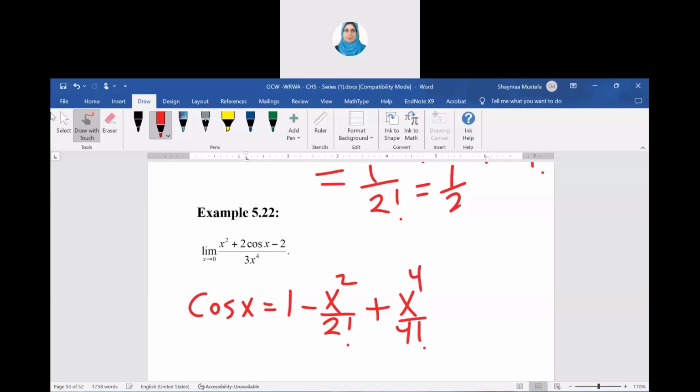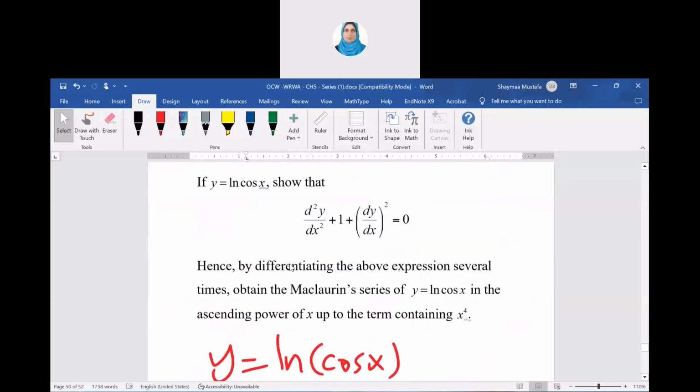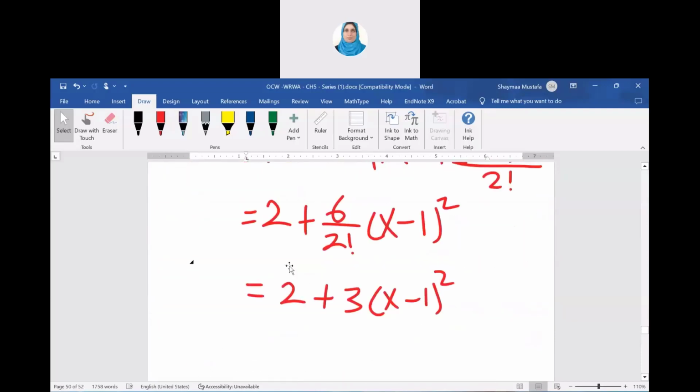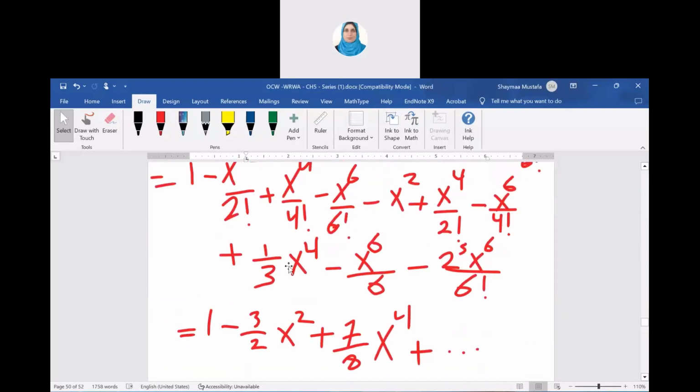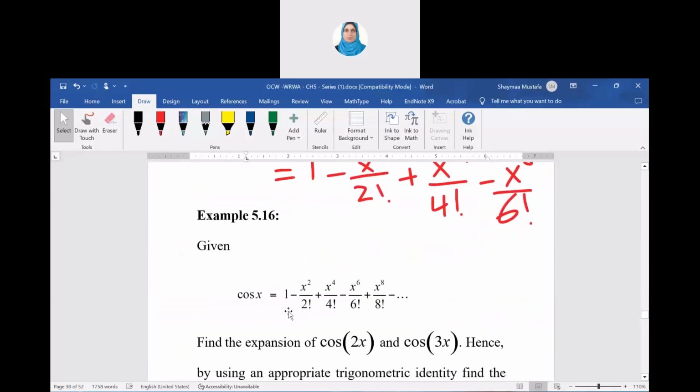If I'm not mistaken, let me check the Maclaurin series of cos x. This one: 1 minus x squared over 2 factorial plus x to the power 4 over 4 factorial minus x to the power 6 over 6 factorial.